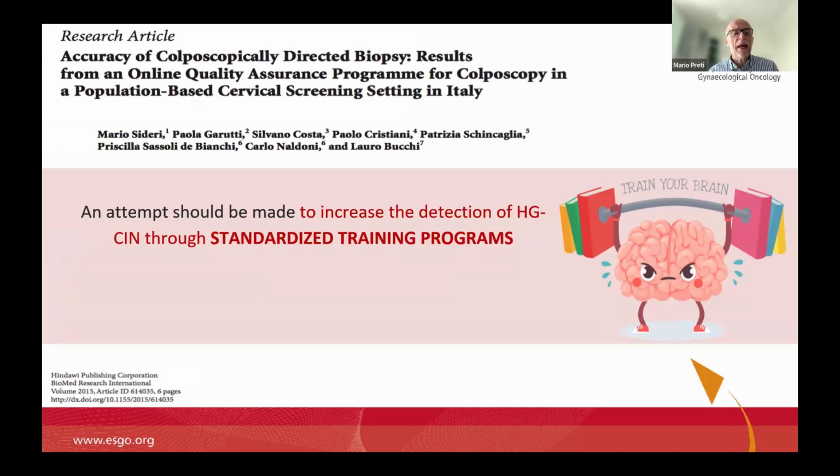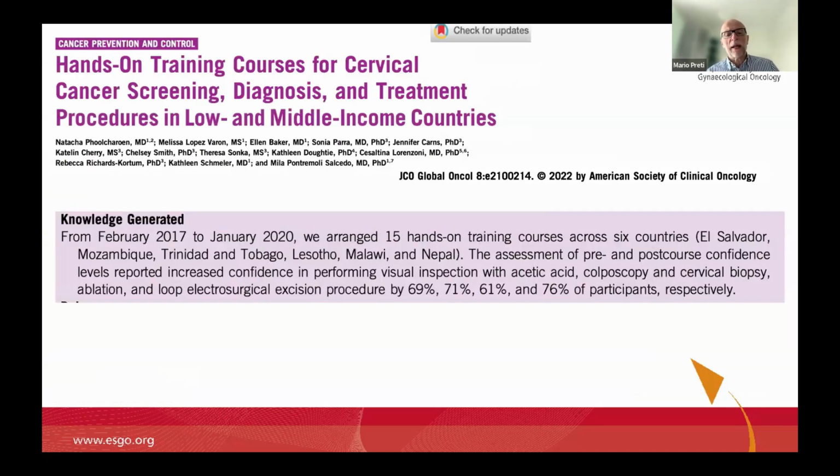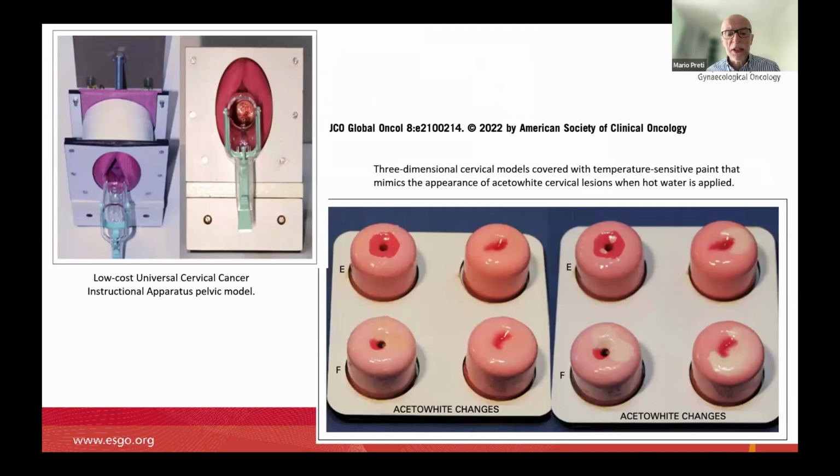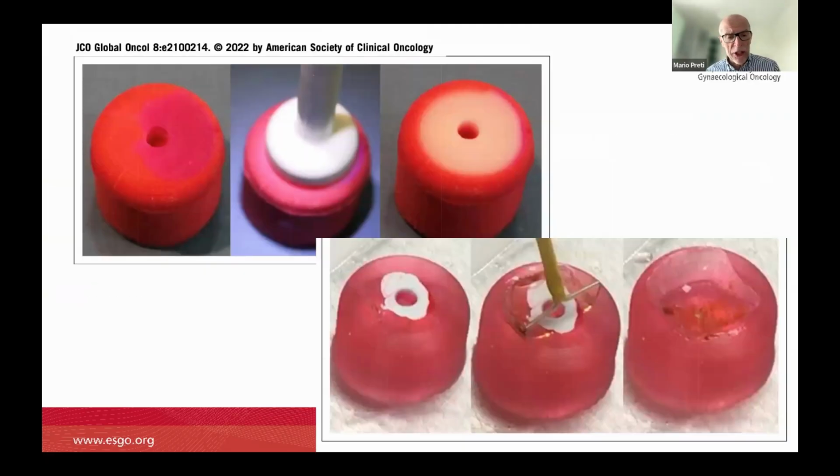In particular, this paper reports a low-cost procedure using aceto-white changes that appear when hot water is applied, and teaching how ablative or excisional therapy could be performed.